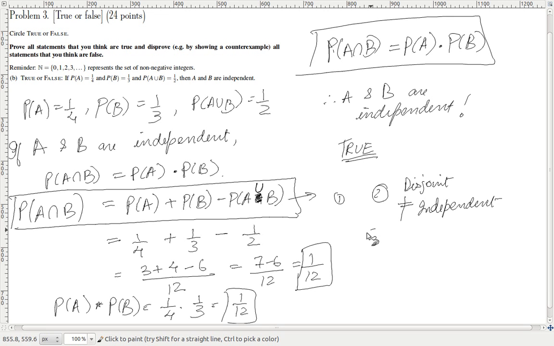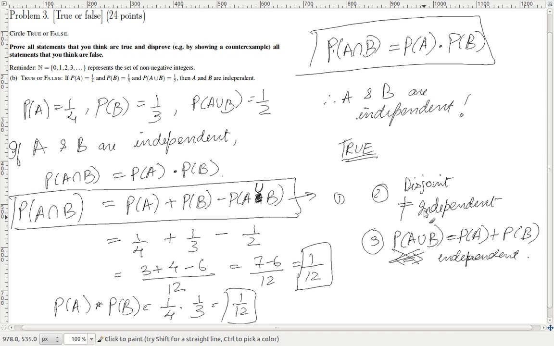And people also thought that if P of A union B is equal to P of A plus P of B, then they are independent. This is not true.